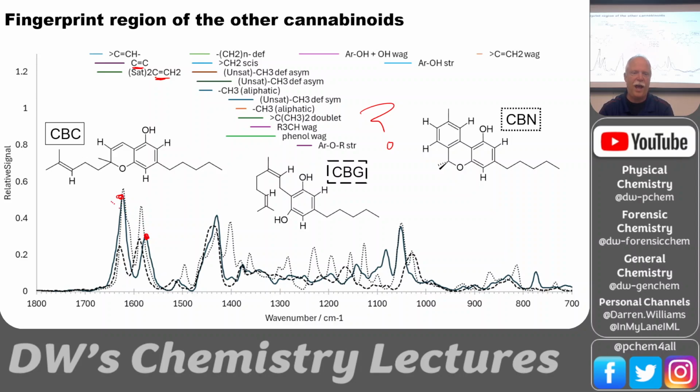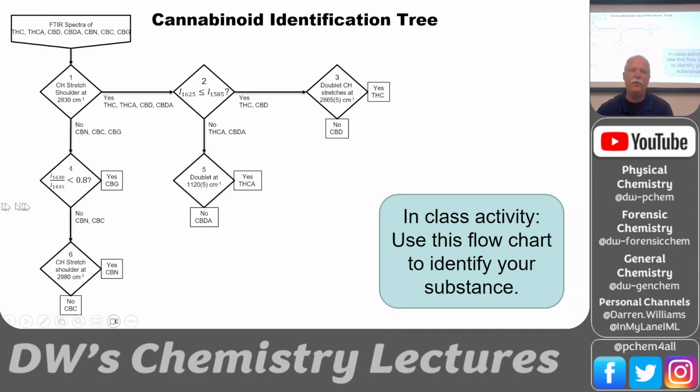This is about half of that one, whereas for the other two, those peaks are either the other is taller, or they're about the same. And so I might be able to look at that region and split out CBC from the other two if I ask a question about it. So what I did was I went through and I created this identification tree.